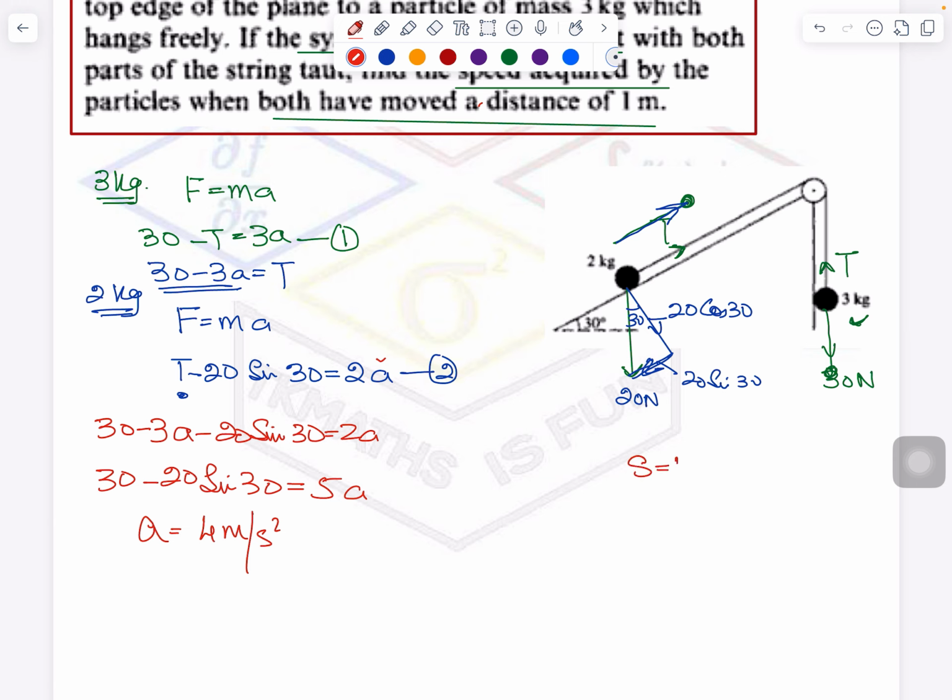One is s is equal to ut plus half at square. Then v is equal to u plus at. Then v square is equal to u square plus 2as. And s is equal to u plus v over 2 into t.